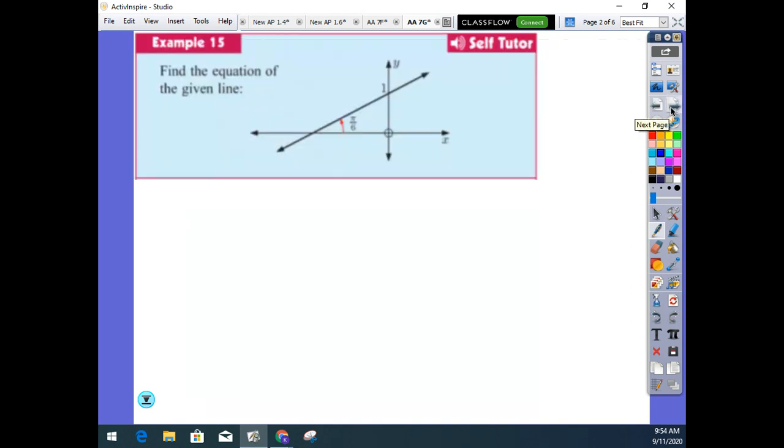All right, so right here, it says write the equation of the line. First of all, this is super nice because it gives me my y-intercept of b. And the slope is really the change in y over the change in x. That's just tangent of pi over 6.